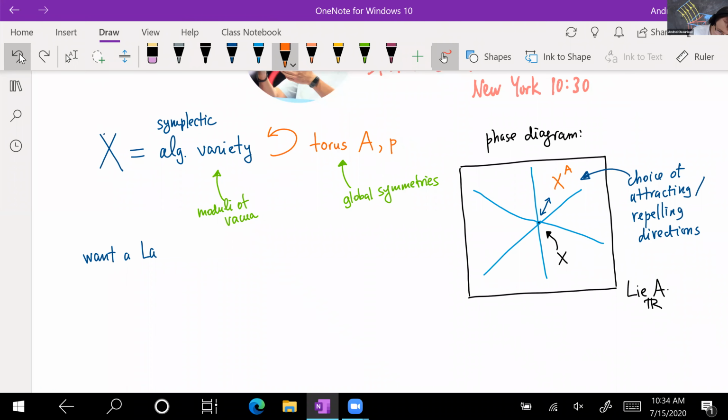And so if I want the inclusion, maybe I'll draw a toric diagram, like that. I have a triangle like that.